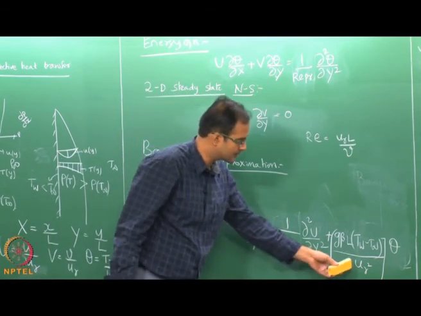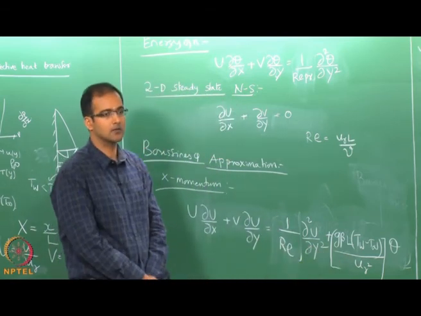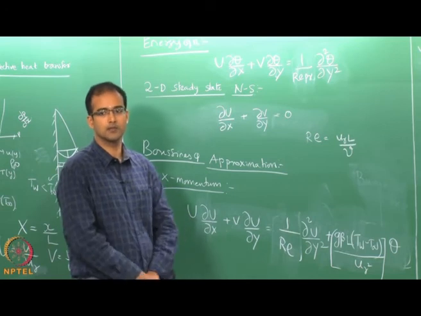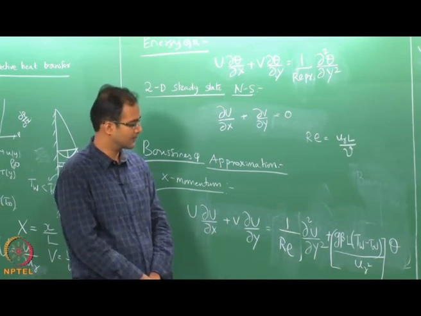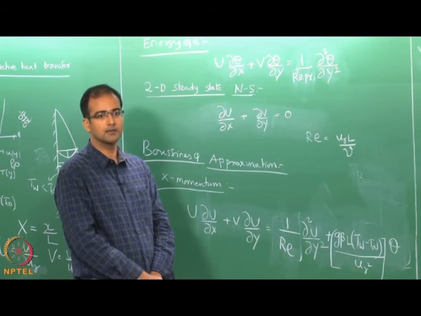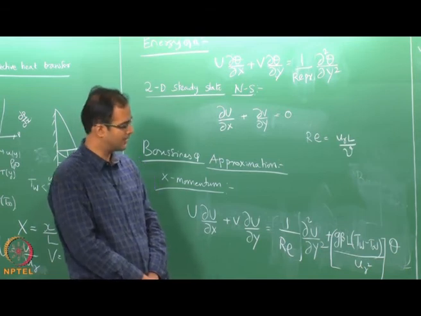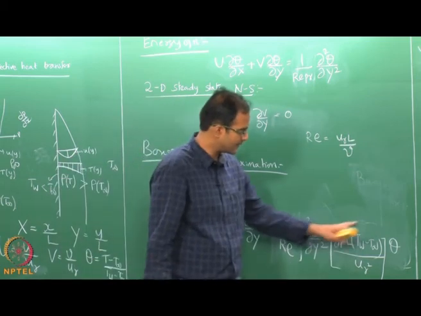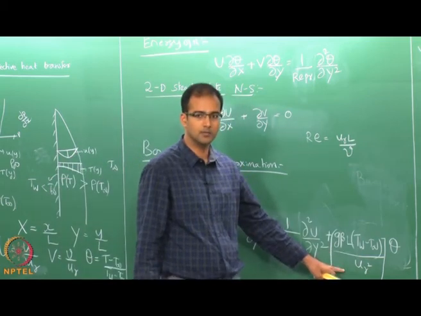What about this? Now, you have an additional non-dimensional group. If you see this as no units, what is the unit of beta? Kelvin inverse. So, this entire thing will again be a non-dimensional group.